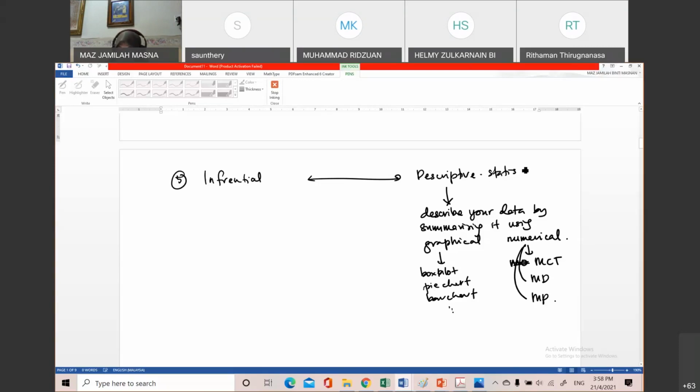What about inferential statistics? Inference about the population using the selected sample.